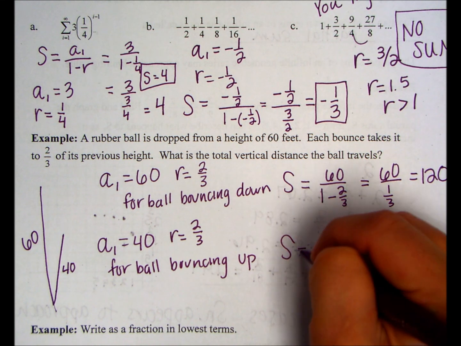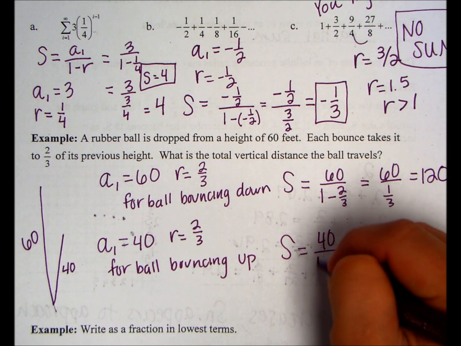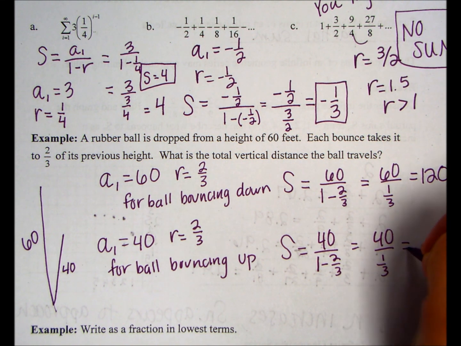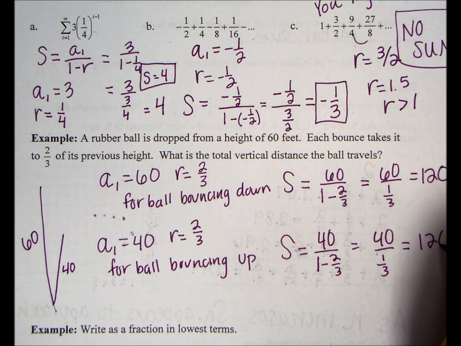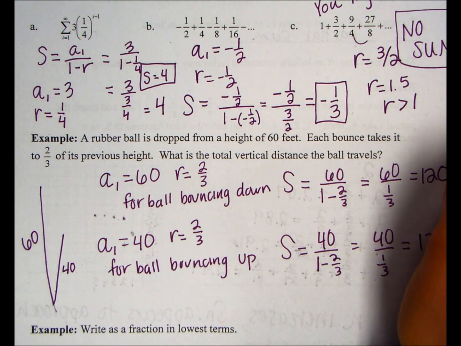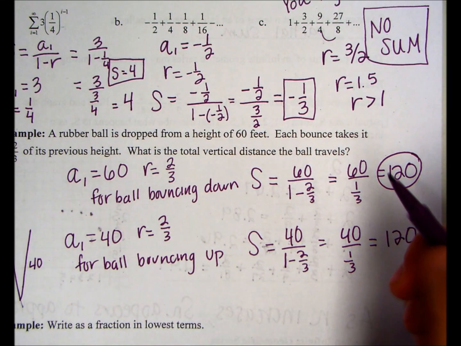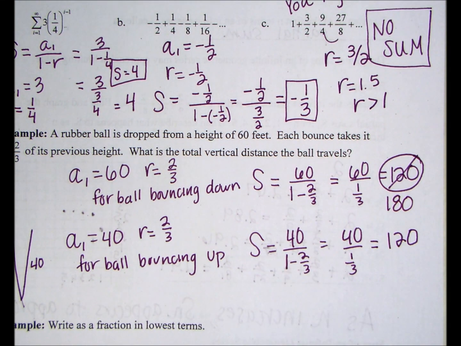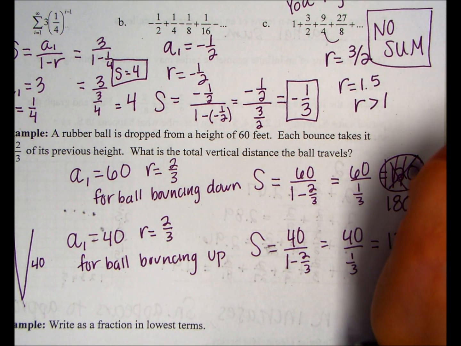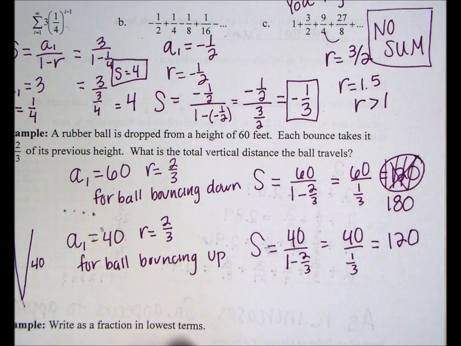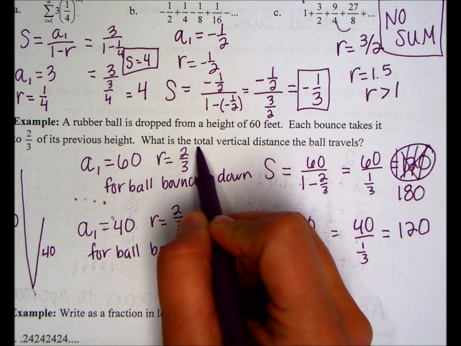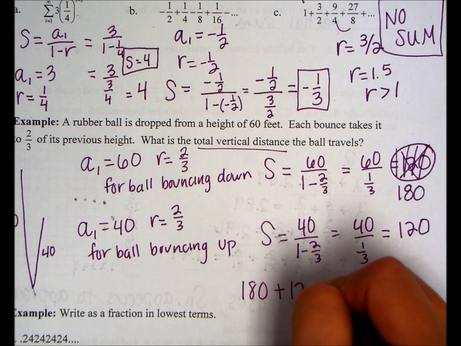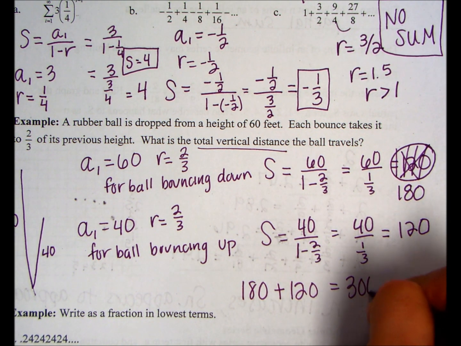My sum here is going to be 40 over 1 minus 2/3, which is 40 over 1/3, which is 120. And my mistake goes back up here. 60 divided by 1/3, I'm sorry, is 180. Hopefully you caught that before I did. Then to find the total vertical distance, I add 180 plus 120 to get 300 feet.